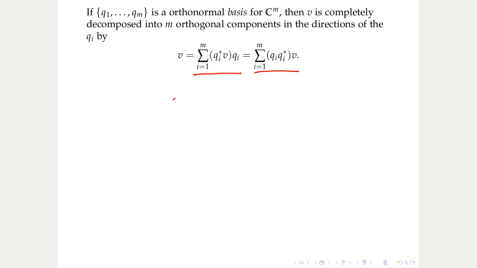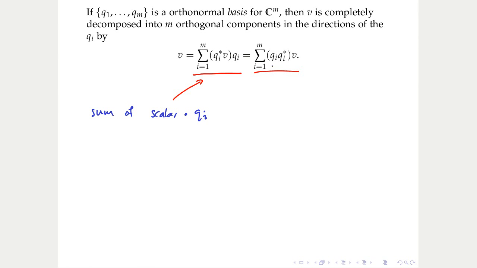So what does this one here mean? This says that v is equal to the sum of a scalar times qi. We work out the scalar by taking the inner product of qi with our vector v, and we multiply that by qi.